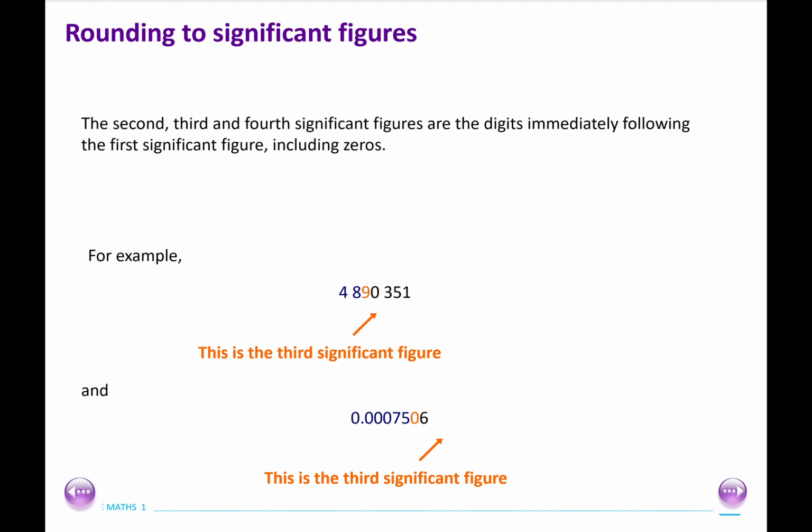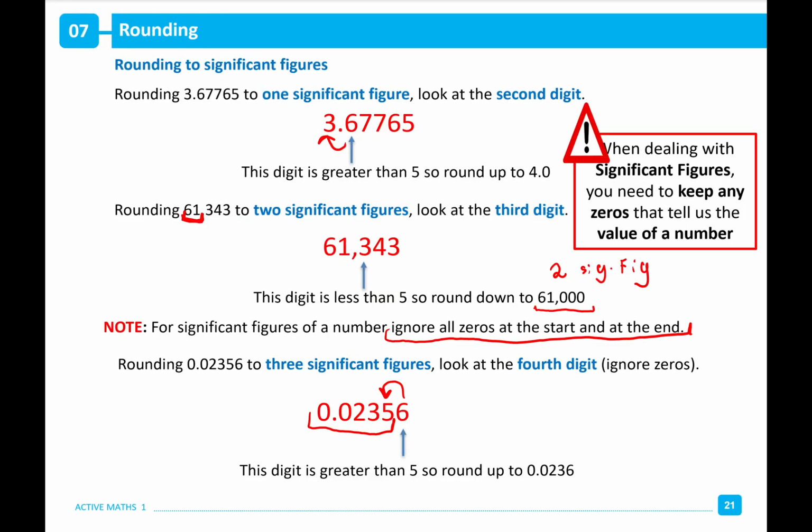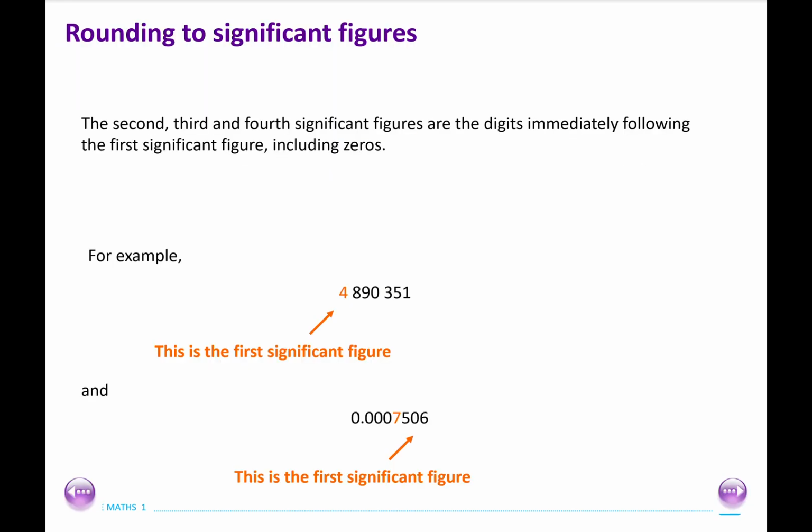The 9 is the third significant figure. And the same on the bottom. The 7 is the first significant figure. The 5 is the second significant figure. The 0 is the third significant figure.